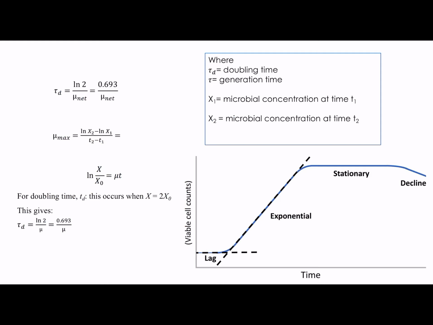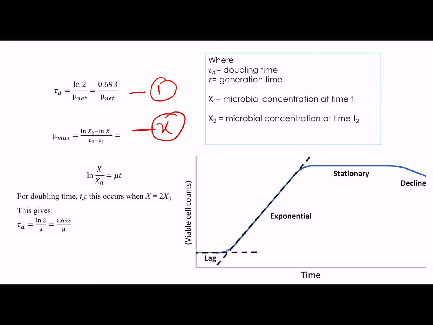A couple of notations that I want you to know their definitions. In the next couple of examples, the equations we'll be using will be this and that. But you need to know what everything stands for, so that when you're doing the calculation, you know what you have and what you're looking for.